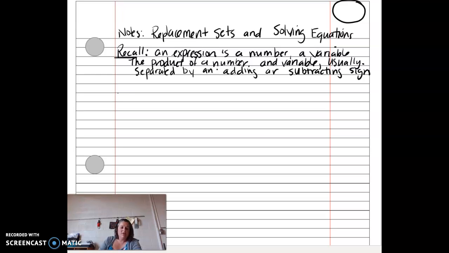We're going to get into a new word today called an equation. Highlight that. Equations are two expressions set equal to each other.